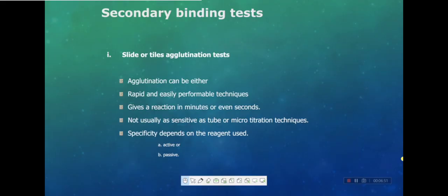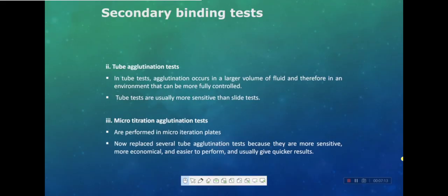However, they are not usually as sensitive as tube or microtitration techniques, but their specificity depends on the reagent that we are using. The type of agglutination that can be observed on slide or tile tests is active or passive.